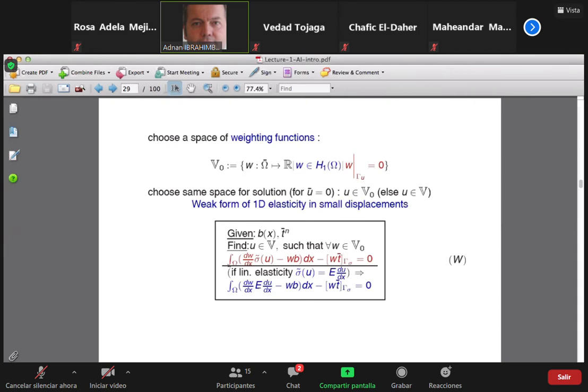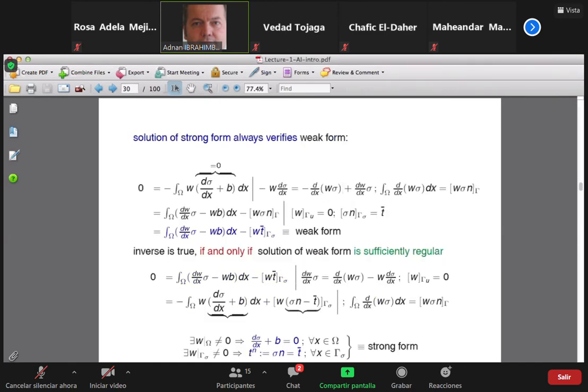Here's the form for linear elasticity, where you have a stress E times du dx multiplied by the so-called weighting deformation dw dx, and should be equal to minus wb plus w times the t at gamma sigma equal to 0. For nonlinear elasticity, you would get this type of expression to combine with. So can you say that these two are equivalent? Normally, yes. If you start with the strong form, you go into the computation by the weak form.